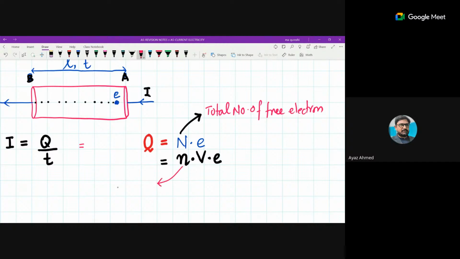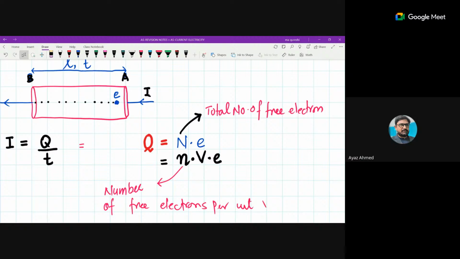Got it? It is the number of free electrons per unit volume.